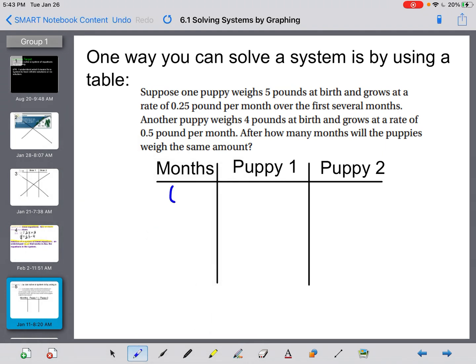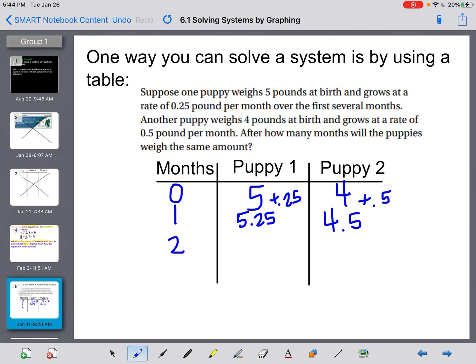So at 0 months, when they're first born, puppy 1 weighs 5 pounds, puppy 2 weighs 4 pounds. After 1 month, puppy 1 grows 0.25, so he's up to 5.25. Puppy number 2 grows 0.5 pound, so he or she is up to 4.5. After the second month, puppy number 1 is up to 5.5.